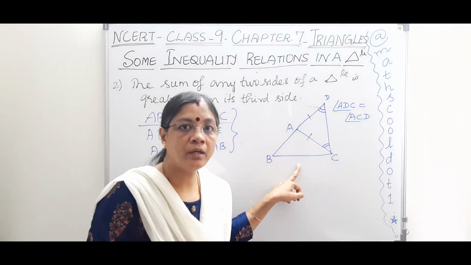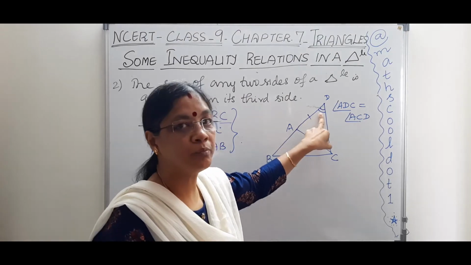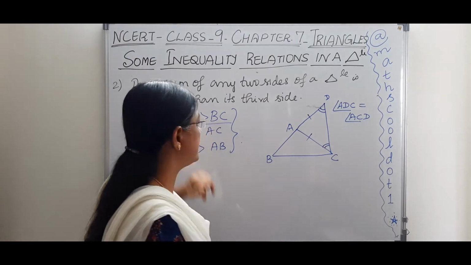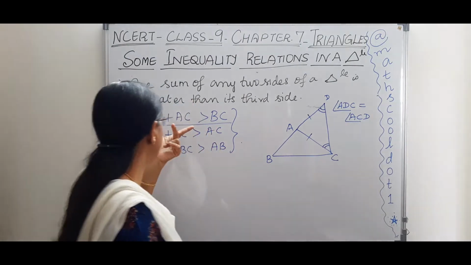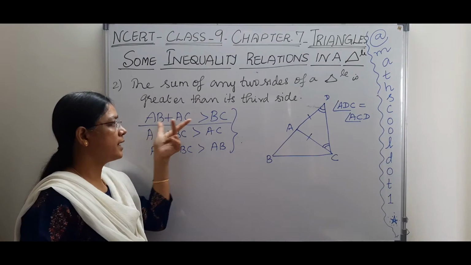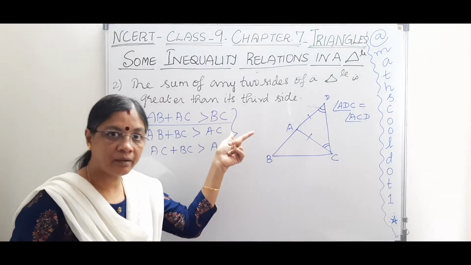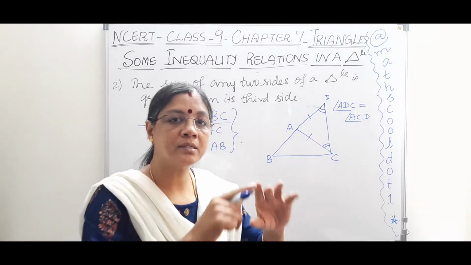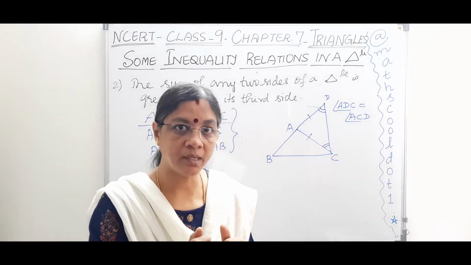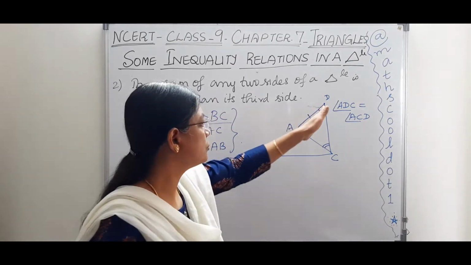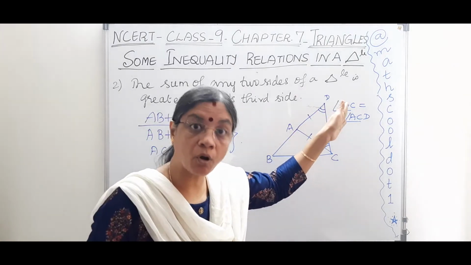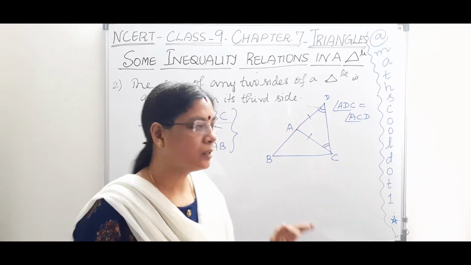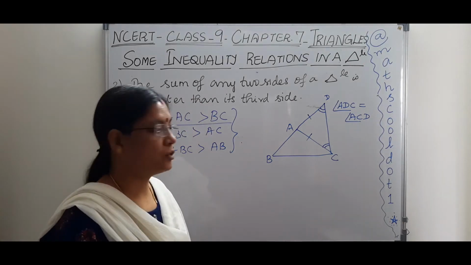So indirectly what I need to prove is that this angle is less than the sum of the other two angles, because the sum of the other two sides is greater than BC, right? If it is greater than BC, then BC has to be the shorter side. Then the angle opposite to BC, if we prove that it is smaller than the sum of the other two angles, then we'll be proving it right. We can prove this relation.